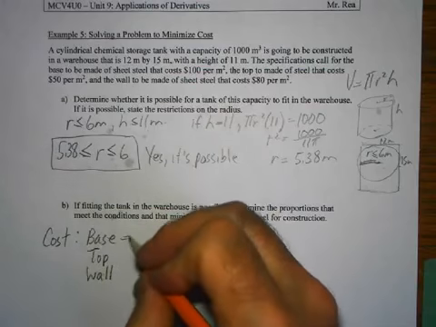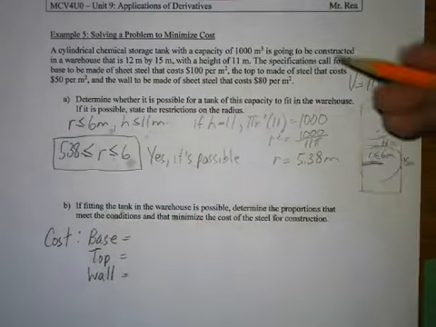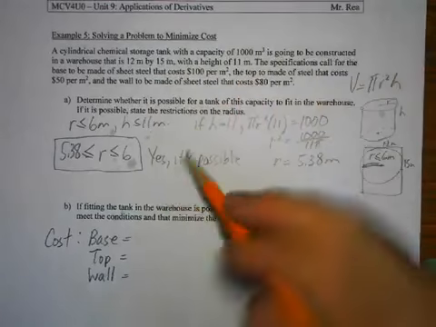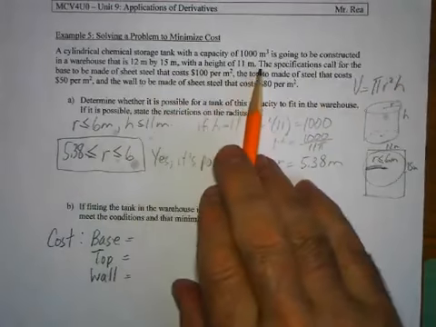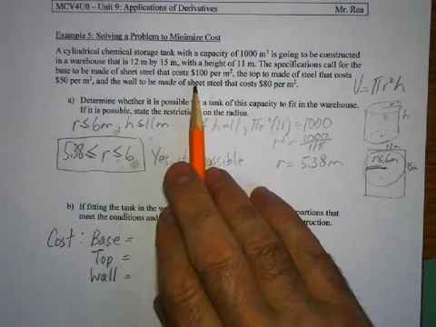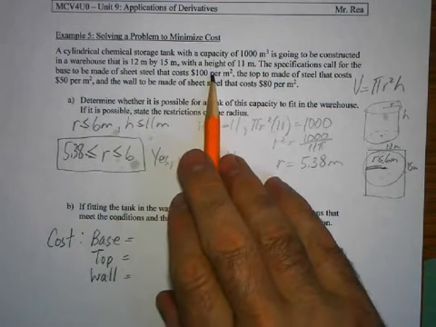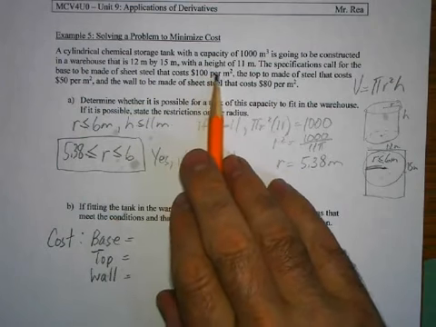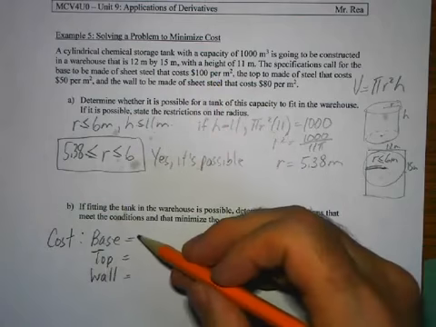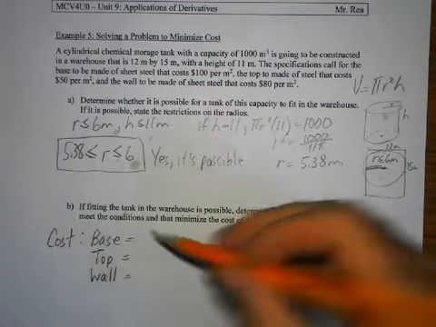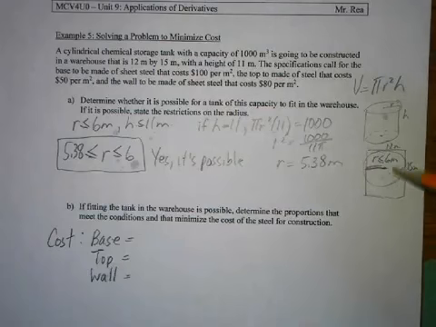And so this is going to be the cost. The base is $100 per square meter. The base is a circle, it's this part right here, so that's pi r squared.